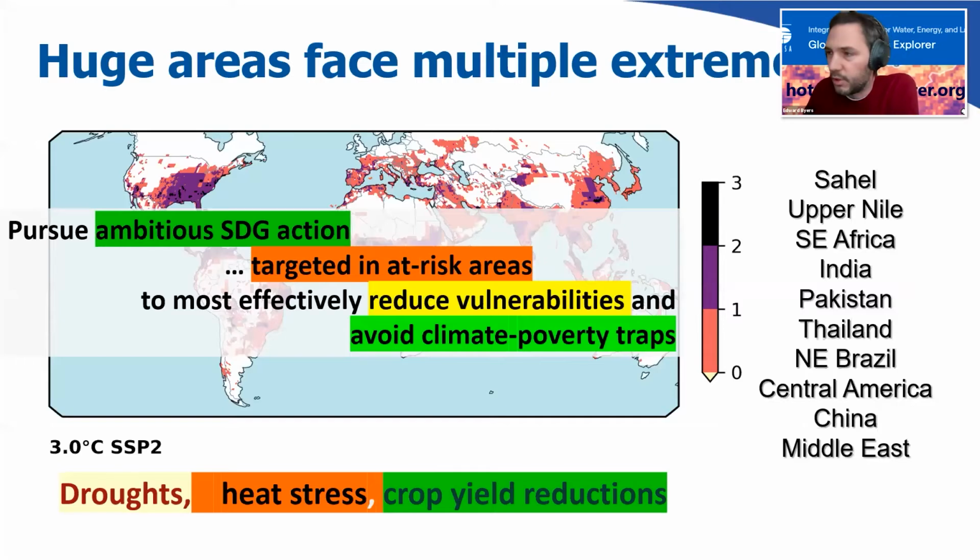And so one of the key recommendations, and that we'll explain a little bit more in the slide after this, is really that Sustainable Development Goal action must be prioritized or targeted, in particular at the at-risk areas, because even with the, let's say, inevitable impacts of climate change at 1.5 degrees, we need to increase people's coping capacity to deal with these impacts, and do this by reducing vulnerabilities.